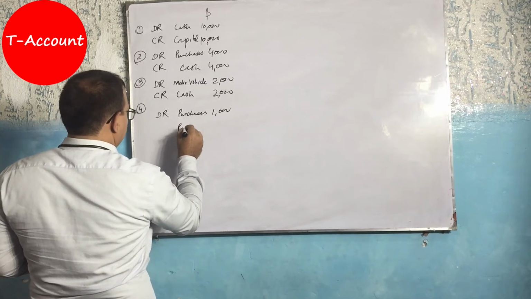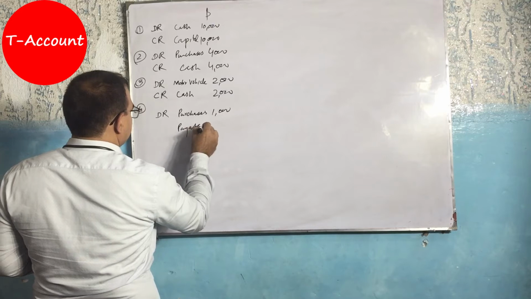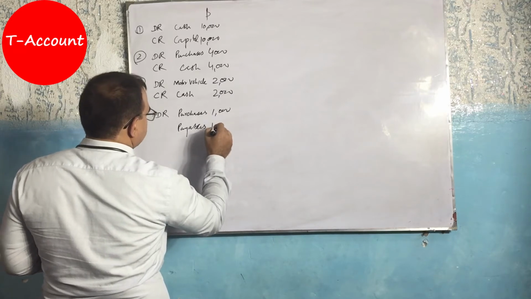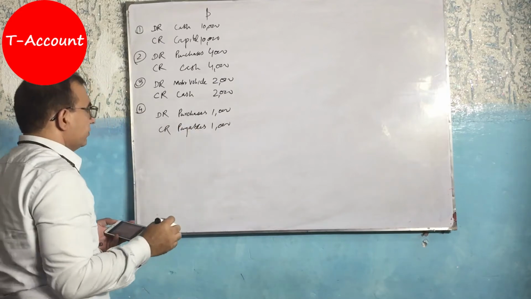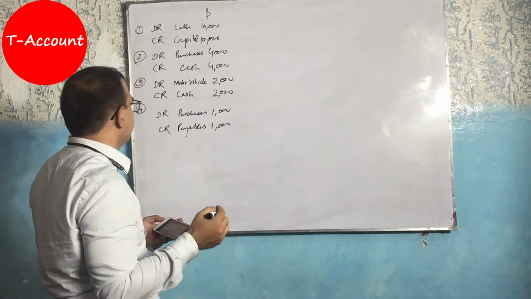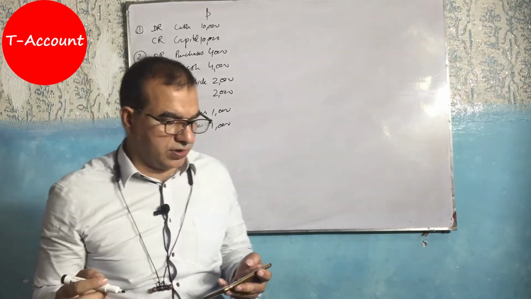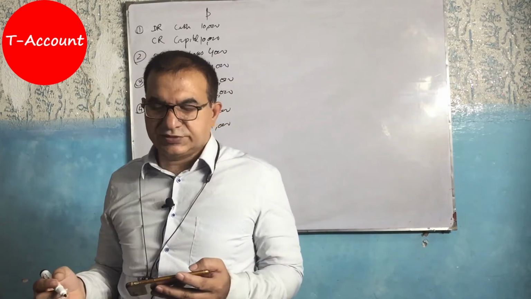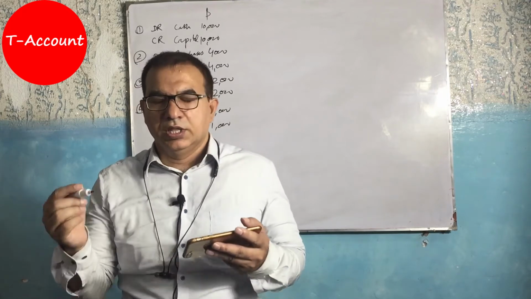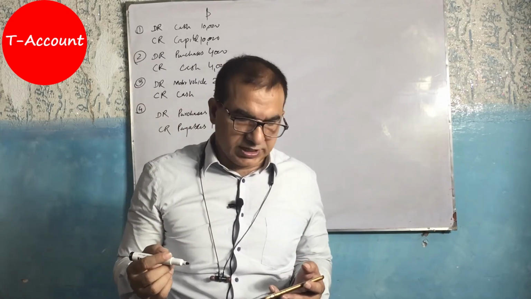We've got another account, payables, because he purchased these things on credit. Increase in payables, liability, increase in liabilities is credit.